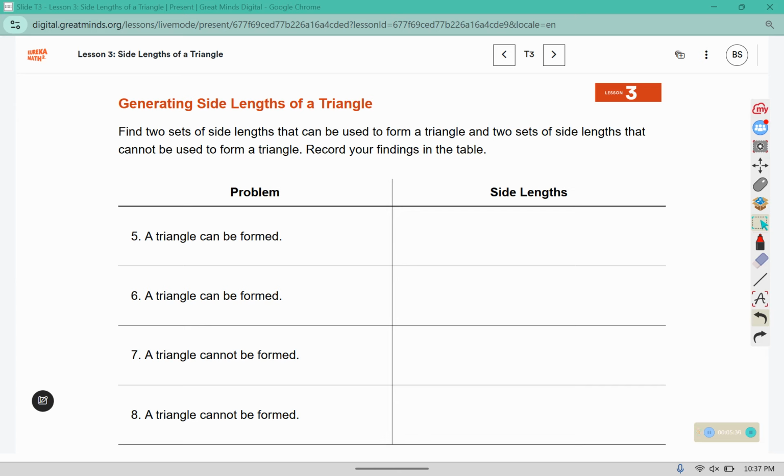Go ahead and use your spaghetti and measure the different pieces. Then test it out. If you tried one out and it didn't make a triangle, you can place it down here. If you try one out and it does make a triangle, you can list the side lengths in problem 5 or 6. I'll list some of my findings in just a minute.